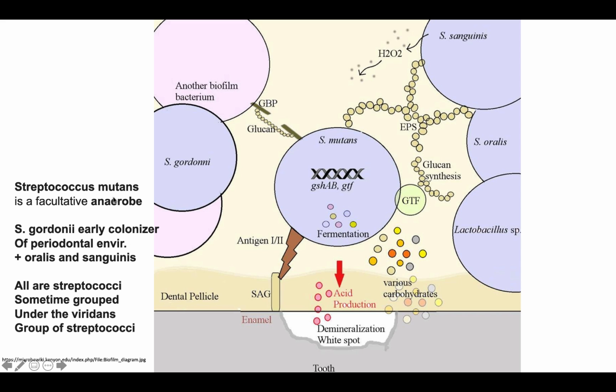All these are Streptococci, just different species: mutans, gordonii, sanguinis, oralis, and they are all early colonizers, as their names suggest. They consume the oxygen. As they consume oxygen, they are living and producing energy, and they are producing acid, which demineralizes the enamel layer.